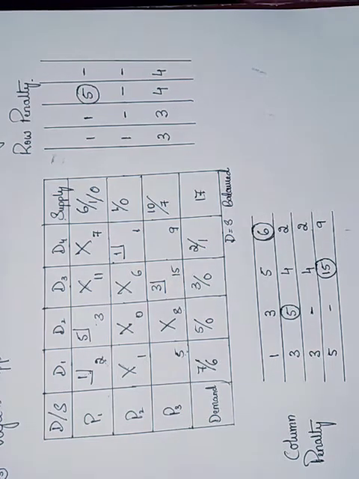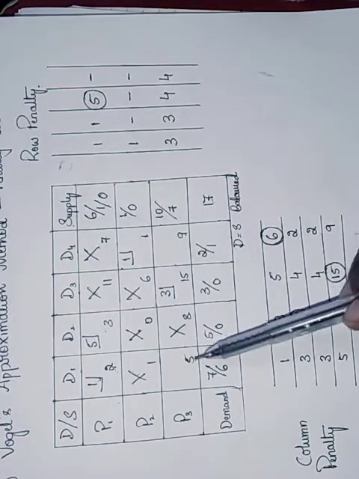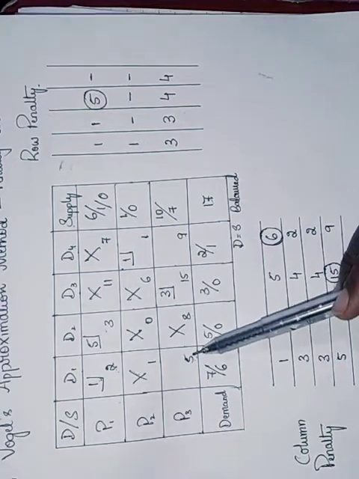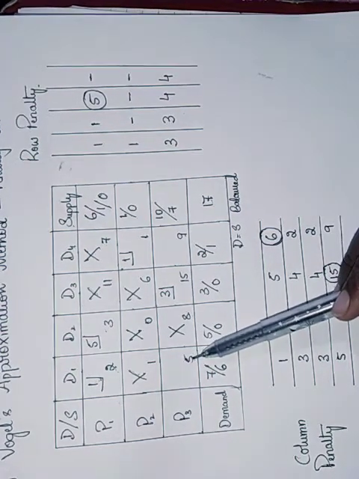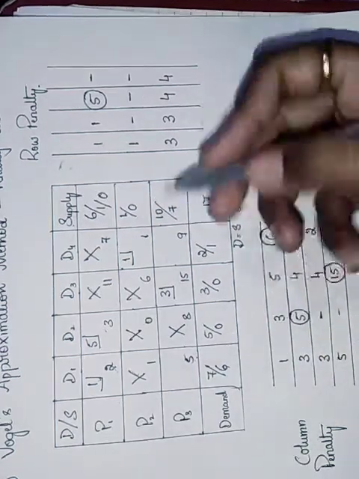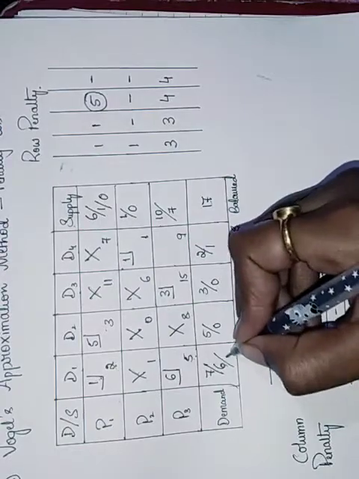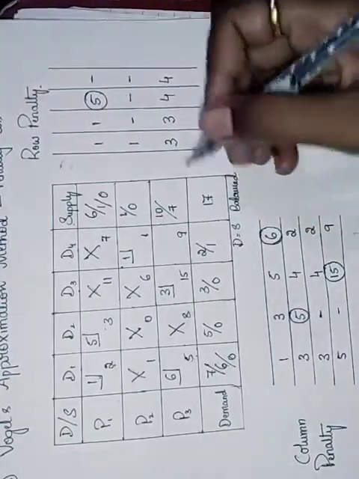Here only 2 cells are remaining, 5 and 9, which is the least among the cells? 5. So I am going to allocate for this. So 6 units of demand, 7 units of supply. So I can allocate 6 units. So demand becomes 0.